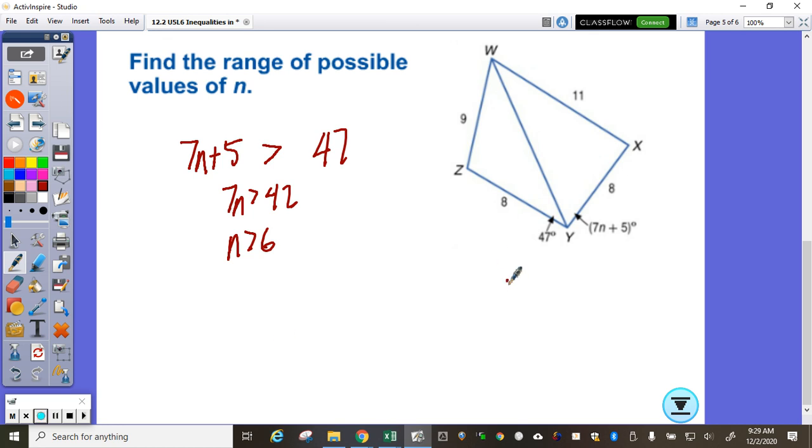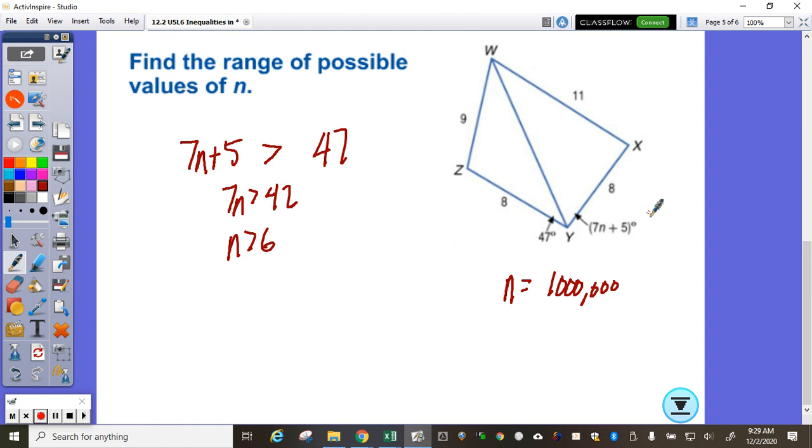Fantastic. So let's let n equal 1 million. My question is, all the values of n that are greater than 6. So there's an infinite number of values for n, so I can let n be 1 million.